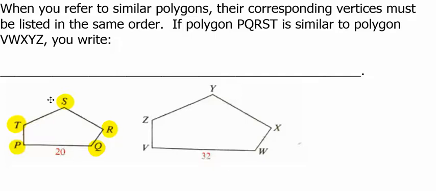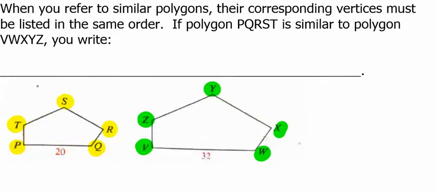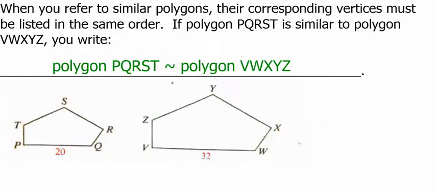So going around the pentagon, if we choose to name our pentagon starting with P and going counterclockwise, and it is similar to VWXYZ, it's very important that we write the names of the polygons in that same order. This is called a similarity statement. A similarity statement that's going to say polygon PQRST is similar to polygon VWXYZ.